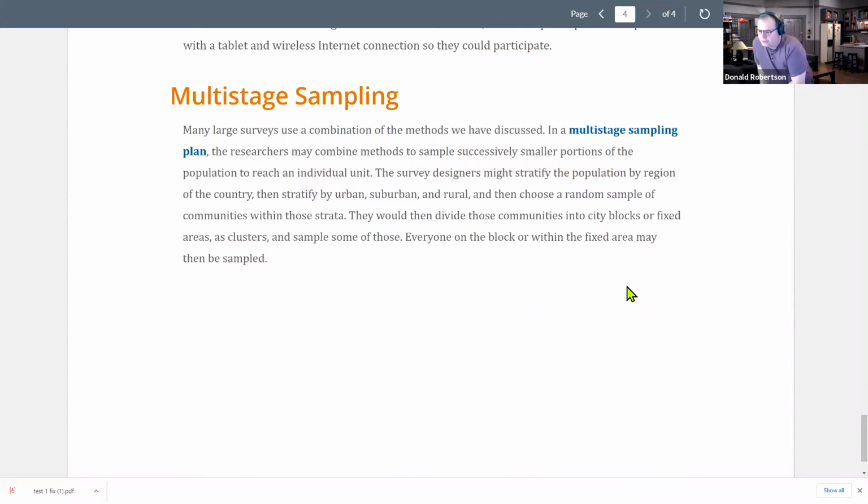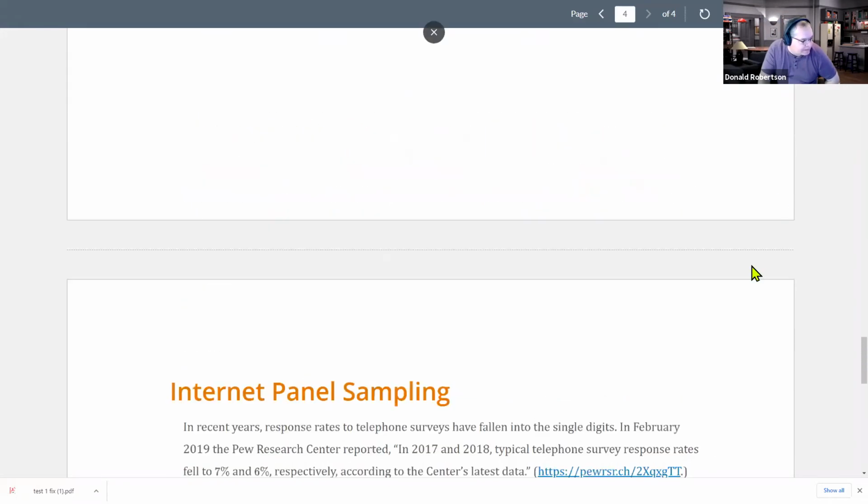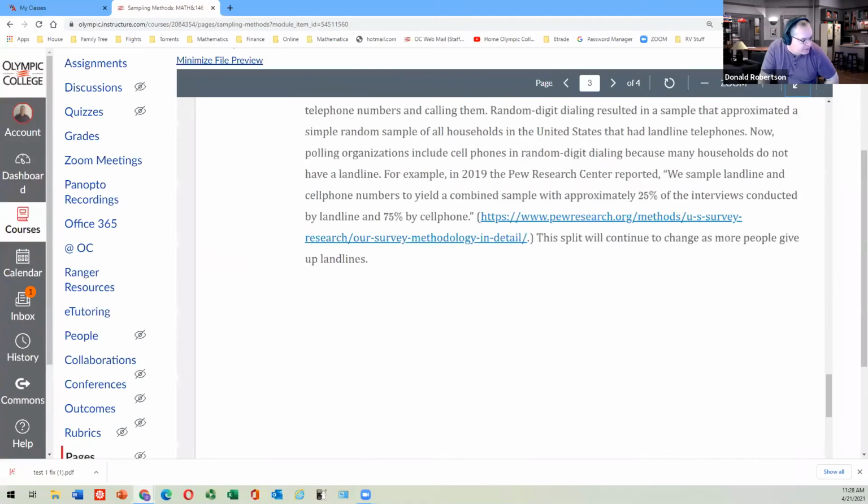I'm not quite sure how you do the internet polling one and a systematic sample. Oh, if you've got a list of people who are willing to do it, can you only choose some of the people to do that sample? So you would choose every 10th person on your list who has volunteered to take part in polls. I guess you could do it that way. Any questions about all that stuff? Right.